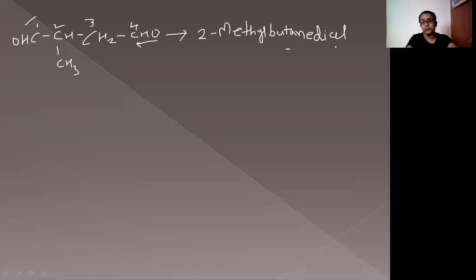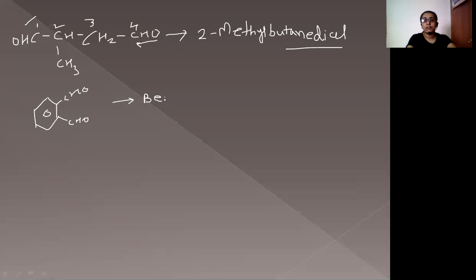Okay, and what if the two aldehydic groups are attached to the aromatic ring? CHO and here it is CHO. हमने साइक्लिक एरोमेटिक अल्डेहाइड को नेमिंग कैसे किया था? Name of the alkyl group followed by the word carbaldehyde, right? तो रिंग कौन सी है? बेंजीन है, right?